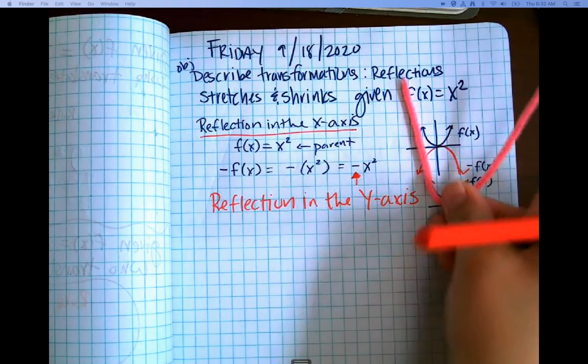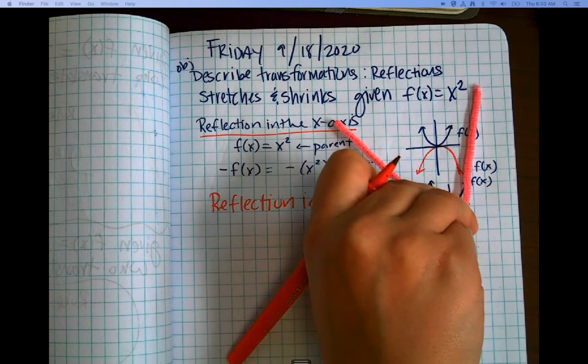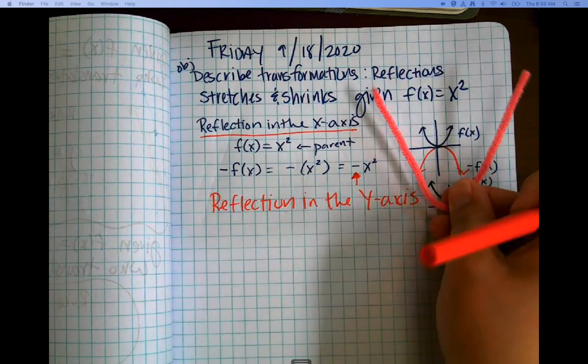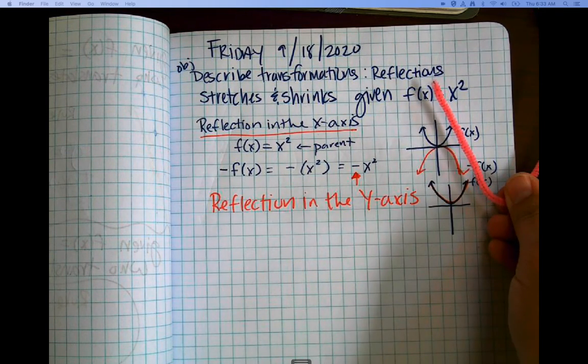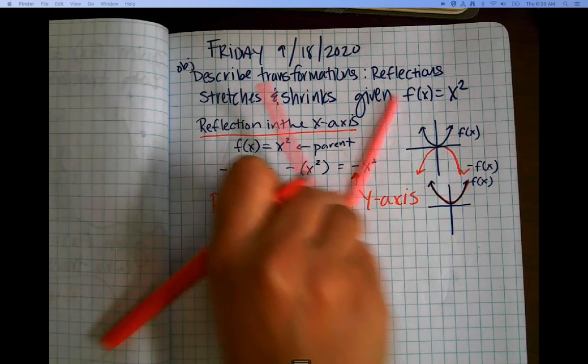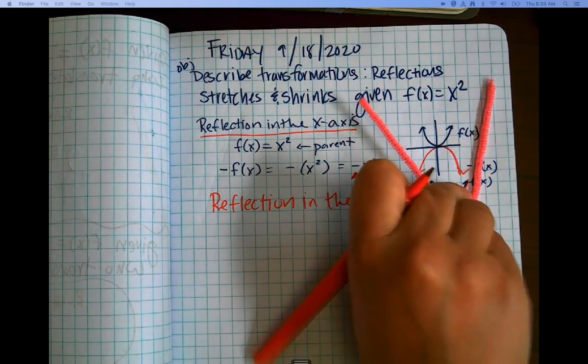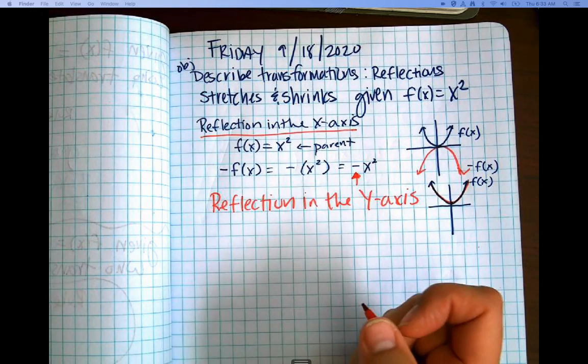Because if it's centered here and it reflects, the left side goes to the right. It's easier when it's also been shifted to the left or to the right, and then it flips, then you can see it a little bit easier. But when it's at 0, 0, it just looks like it's right on top of itself.